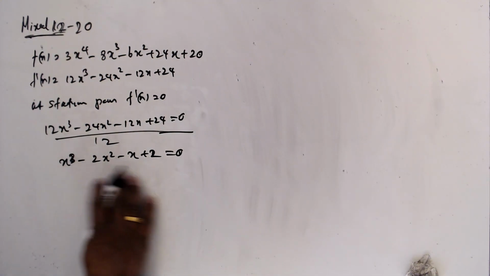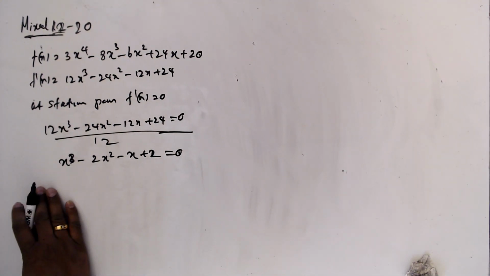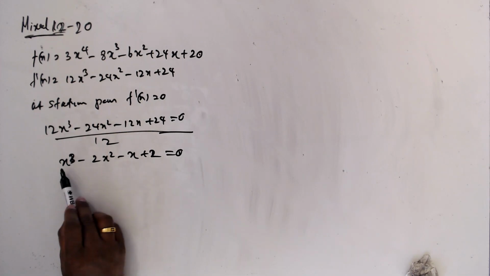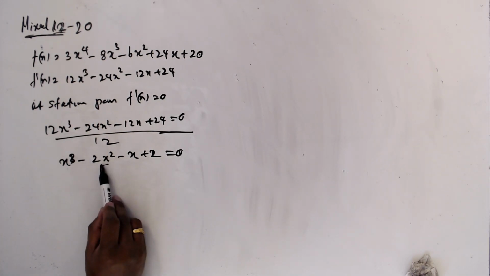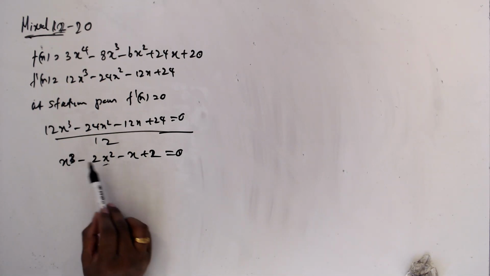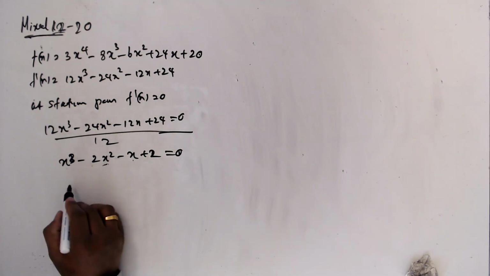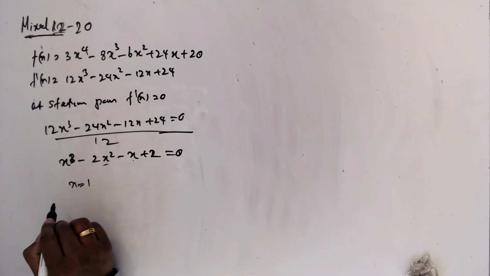Now we need to factorize. We need knowledge from previous chapters. I can see when I put x = 1, this is 1 - 1 cancel out, -2 + 2 cancel out. Basically x = 1 is a factor.